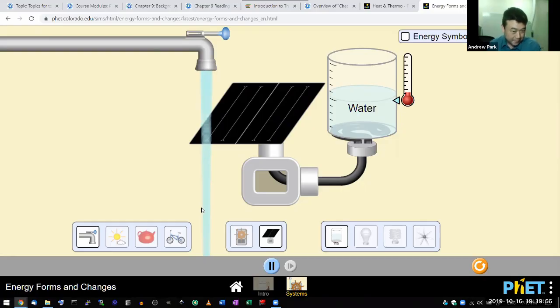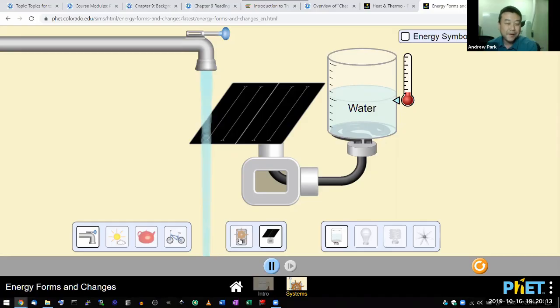One thing that's a bit of a waste here is that the potential energy turns into kinetic energy, and then nothing else happens because I have the wrong device. I have a solar panel, which doesn't do anything with this water.